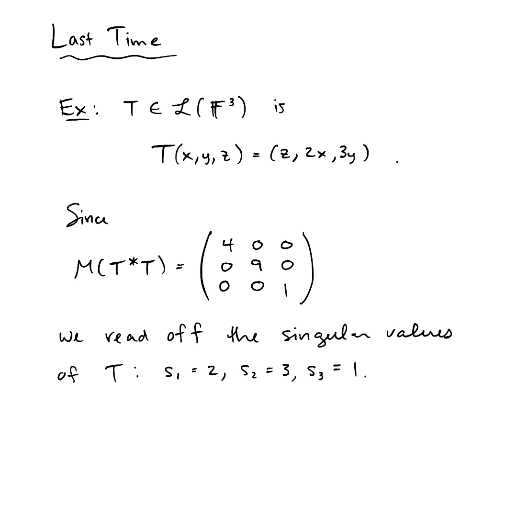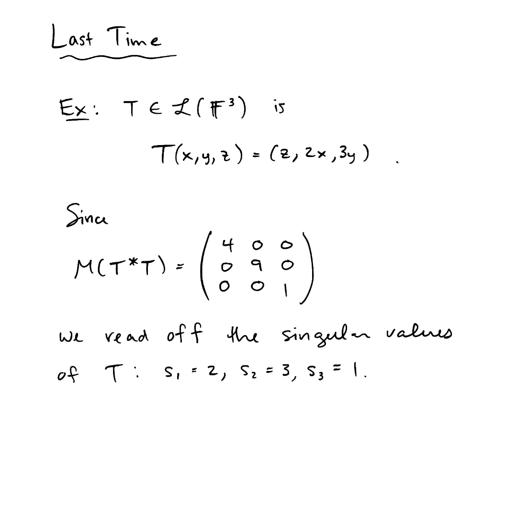So every time, all you have to do is just read off the positive square roots of whatever's on the diagonal of the matrix for T star T. Those are your singular values.